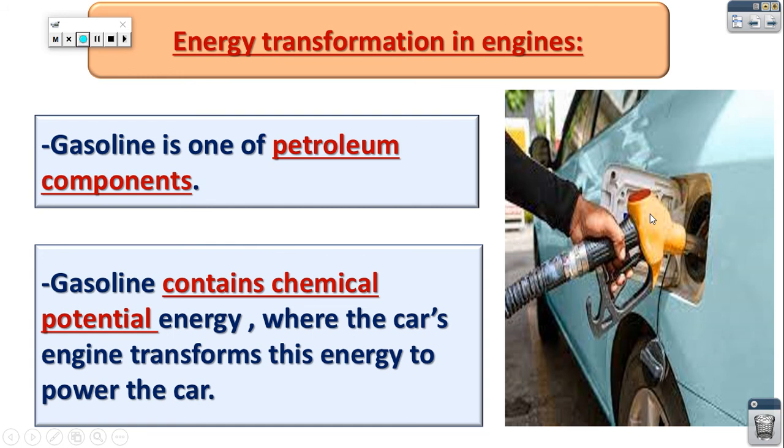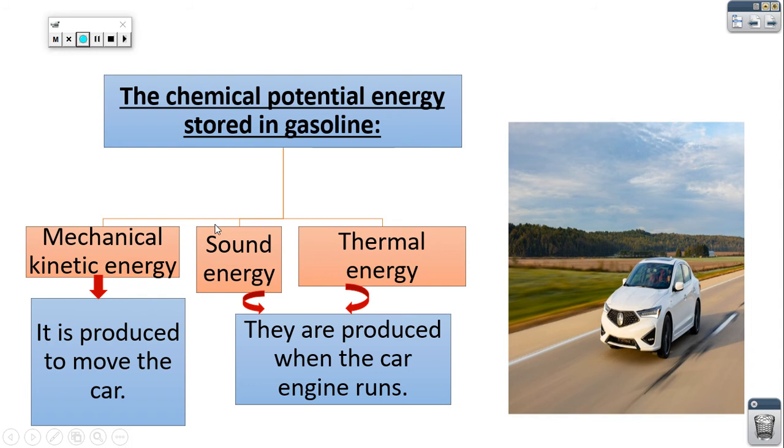The gasoline contains a chemical potential energy, which the car engine transforms into another form of energy. When the gasoline is burned, this chemical potential energy changes to another form of energy. Let's see the chemical potential energy stored in the gasoline.